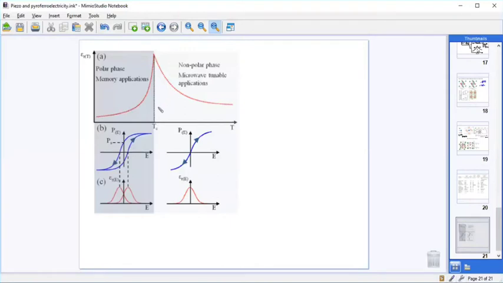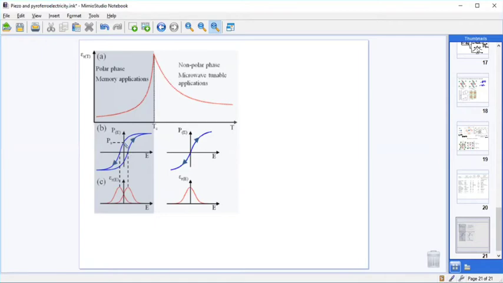This is another important plot where the real part of the dielectric constant is plotted with temperature, and the same phenomenon, the para-ferro transition, is portrayed in the ferroelectric hysteresis loop. So the part beyond Tc is the more random phase, and below Tc is the more ordered phase where ferroelectricity is exhibited, and the same kind of phenomenon is plotted in the P-E hysteresis loop.